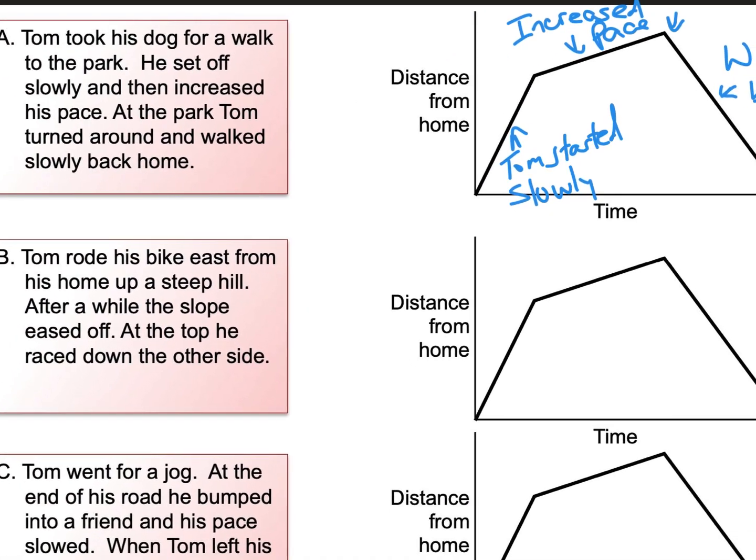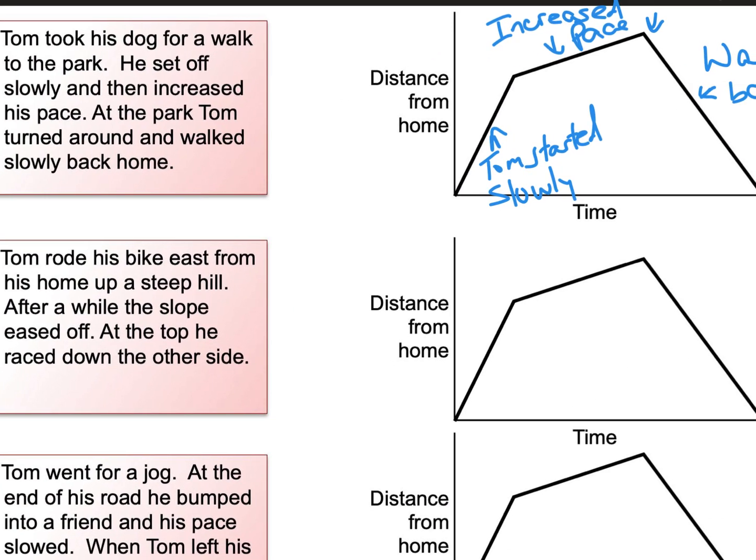Let's look at the next one. Tom rode his bike east from his home up a steep hill. After a while, the slope eased off. At the top, he raced down the other side. So that one, let's see this one in red. So, rode up a steep hill.